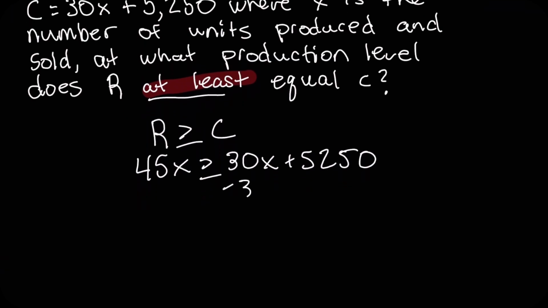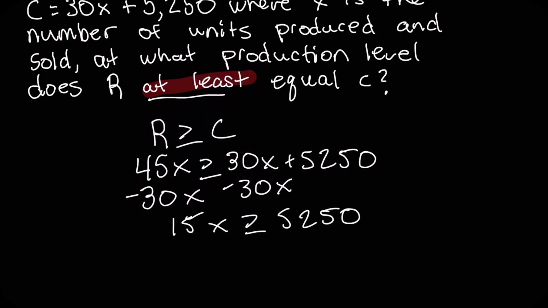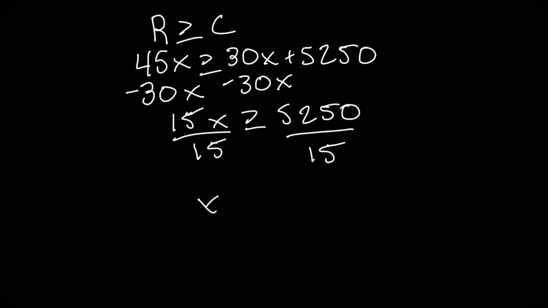So isolate your x's, and this gives us 15x is greater than or equal to 5,250. Divide by 15, and you'll end up with x is greater than or equal to 350.